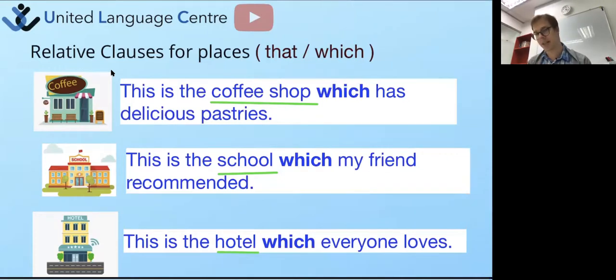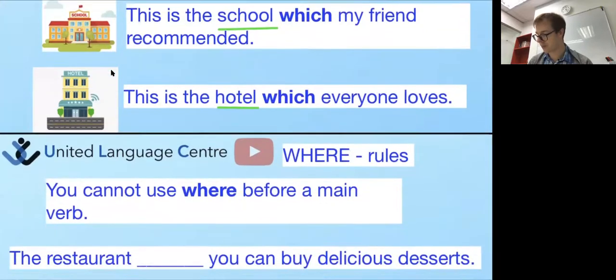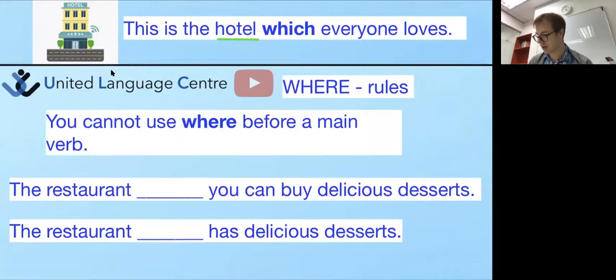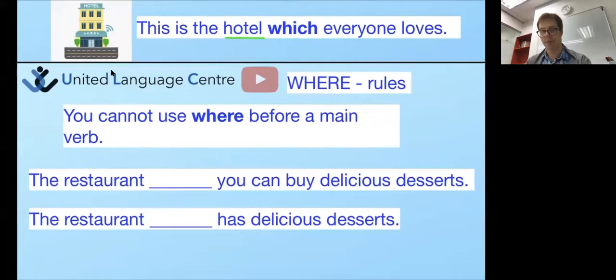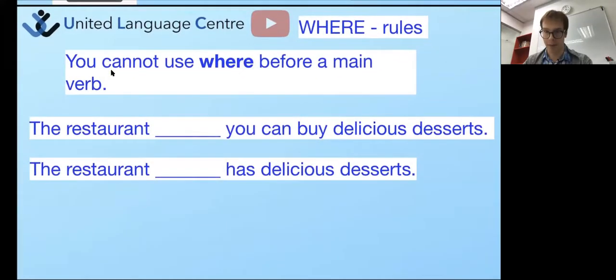In these three sentences, we change the where into a which or a that. And the reason is right here in our where rules. For the word where, you cannot use where if it's before a main verb. If I say the restaurant where, one of these is okay, one of these is not okay.